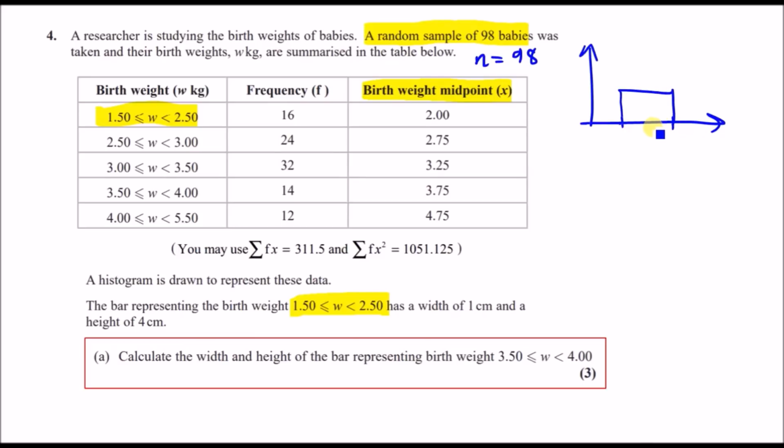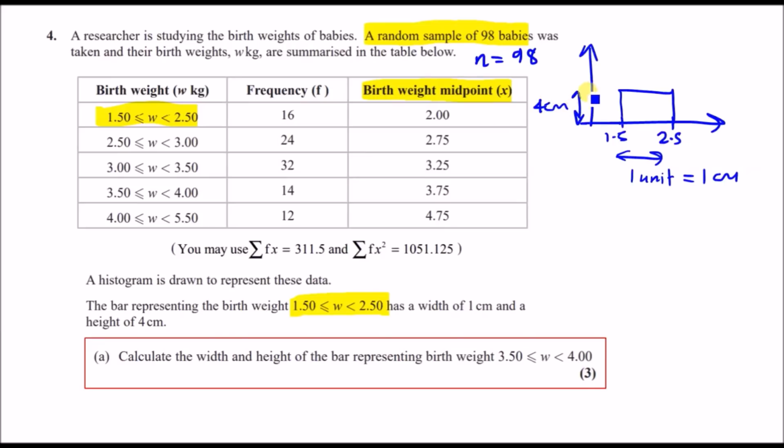The width in raw units is 1 centimeter, and looking at the actual weight classification, the width is also 1 unit. So it tells us that a width of 1 unit equals 1 centimeter. Likewise, the height, which we don't have in data units but have in raw units, is 4 centimeters.